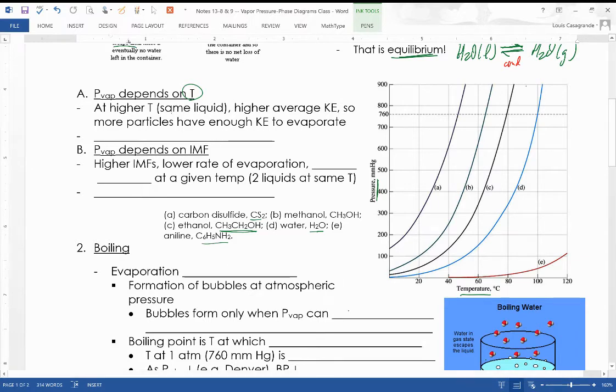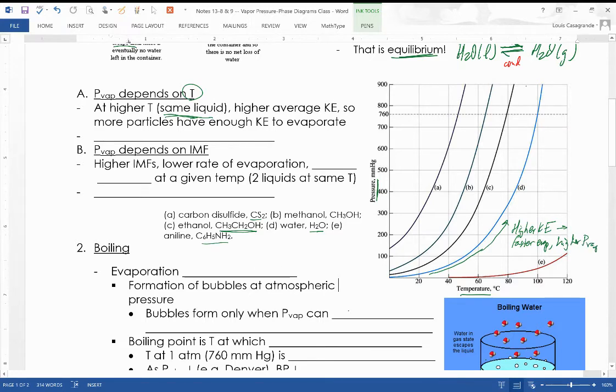So at a higher temperature for the same liquid, so you follow one of these curves up, you have a higher average kinetic energy. Let's pick D, since that's water. As you move up the curve, higher kinetic energy gives you a faster rate of evaporation and a higher vapor pressure.